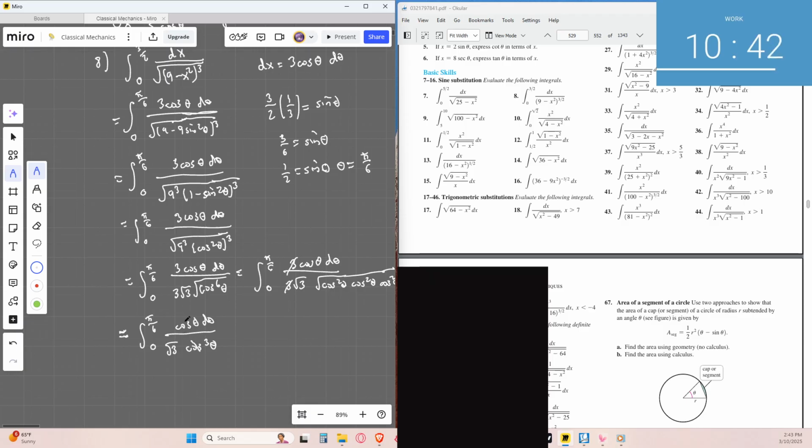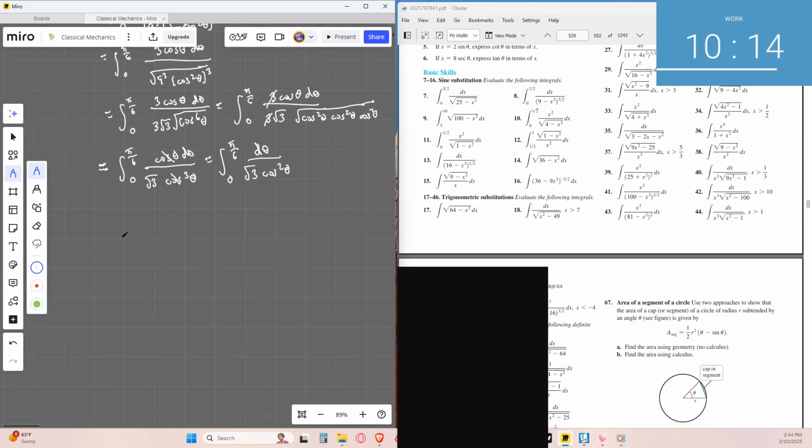So this 2 would cross out, giving us d theta over the square root of 3 cosine squared. Okay, got the 0.